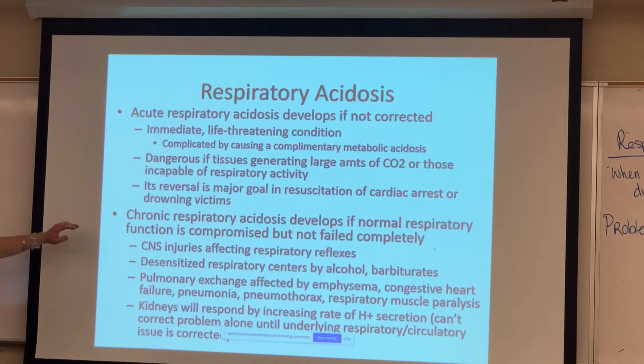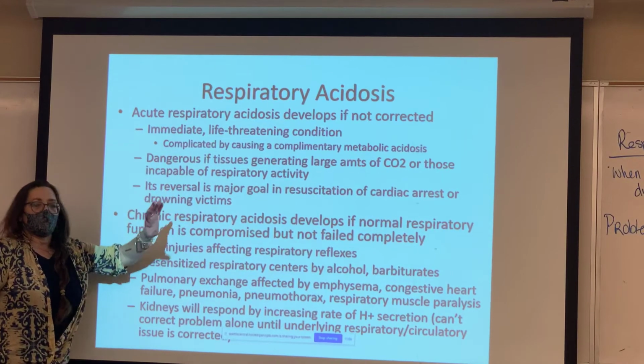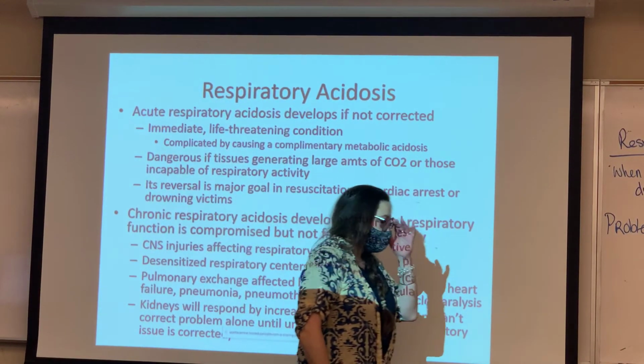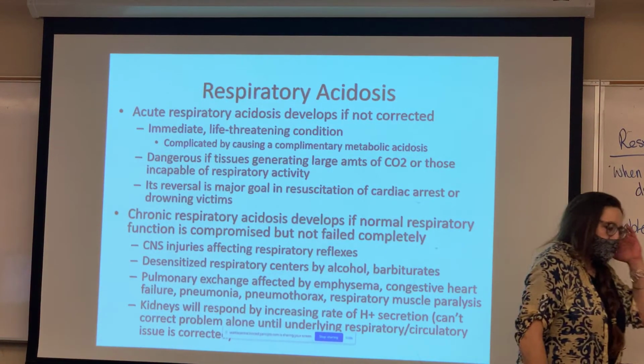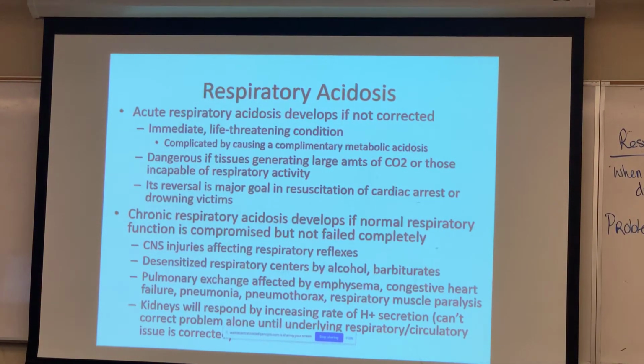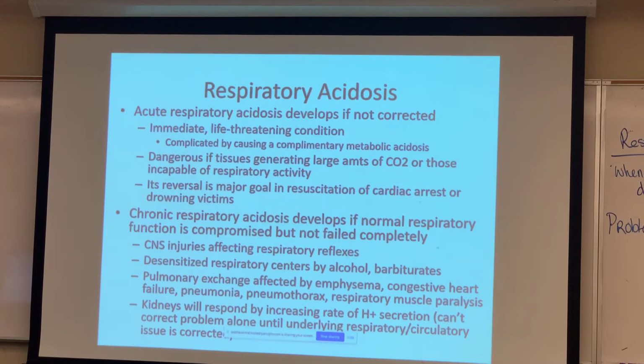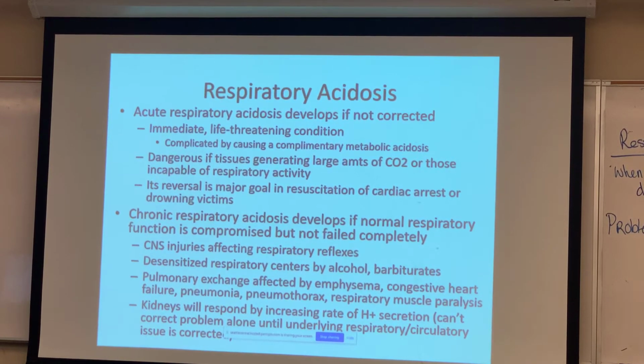The major goal, if you do have somebody that is in respiratory acidosis, so let's say you've got a patient that's in an overdose situation. They've taken a lot of opiates, maybe they've combined it with benzodiazepines, maybe some alcohol on top of it, and their breathing is super shallow at that point.